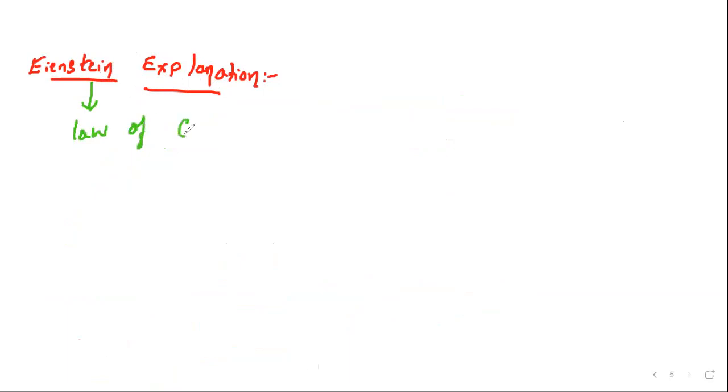Now this explanation was also given by Einstein to explain the photoelectric effect. What is that Einstein explanation regarding the photoelectric effect? And also for this explanation, Einstein got the Nobel Prize. According to this, Einstein puts the explanation of the photoelectric effect on the principle of conservation of energy.